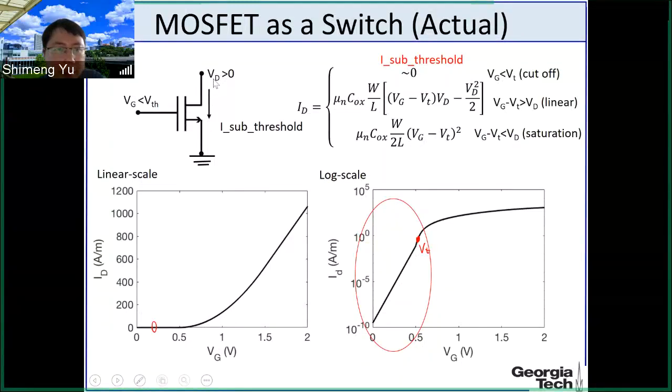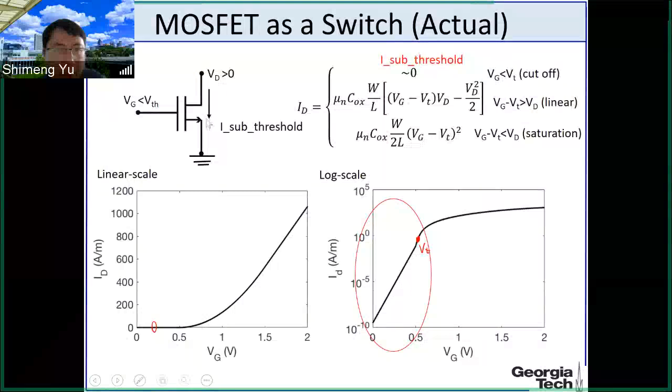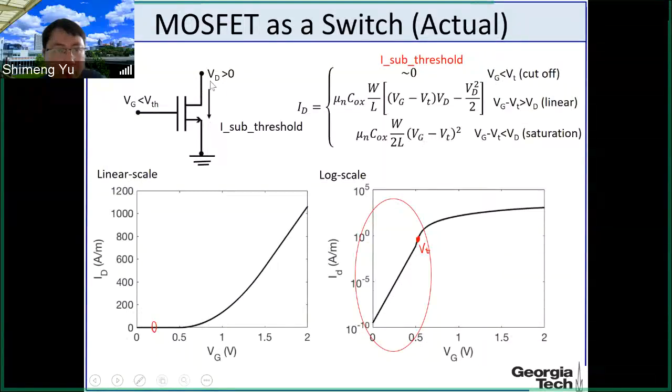But here, what we are talking about is when the drain voltage is larger than 0, but gate voltage is smaller than the threshold. So this current is what we show here in this circle, which cannot be visualized in the linear scale. This is the I subthreshold. And we are going to talk about this in more detail in the next couple of slides.